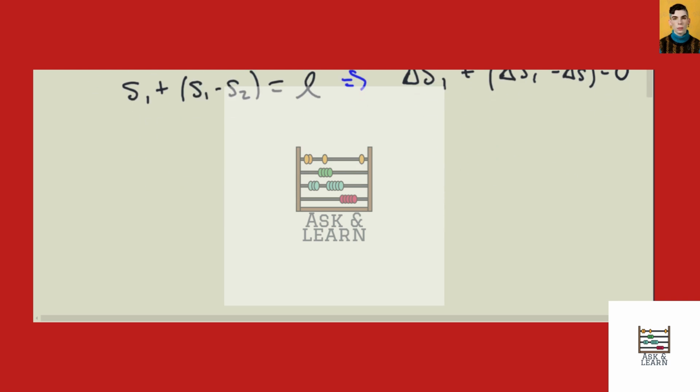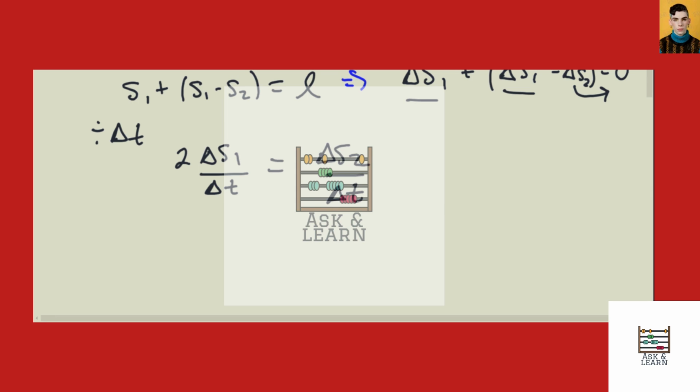And if we divide each one by delta t, these add up, delta S1, delta S1, so we have 2 delta S1 divided by delta t. And this is a negative delta S2. We can move this to the right, so this is equal to positive delta S2 over delta t.